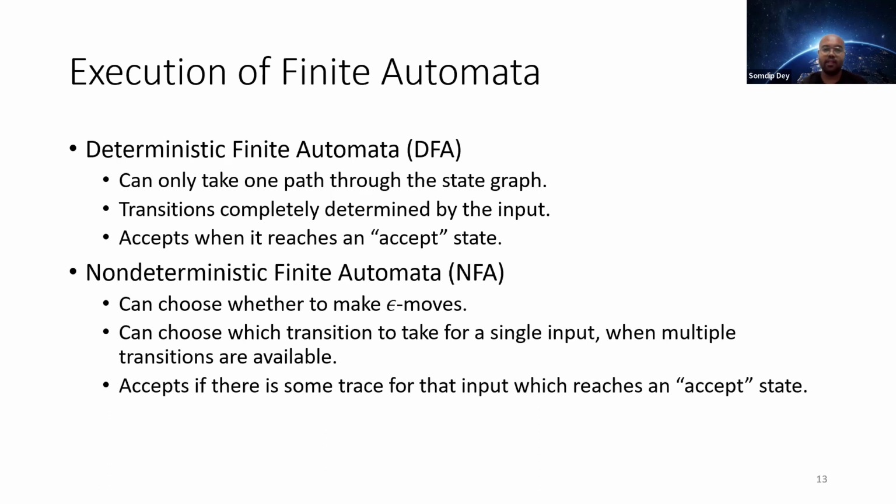I will be showing them with examples shortly. Also, a DFA accepts when it reaches an accept state. An NFA accepts if there is some trace for that input which reaches an accept state.